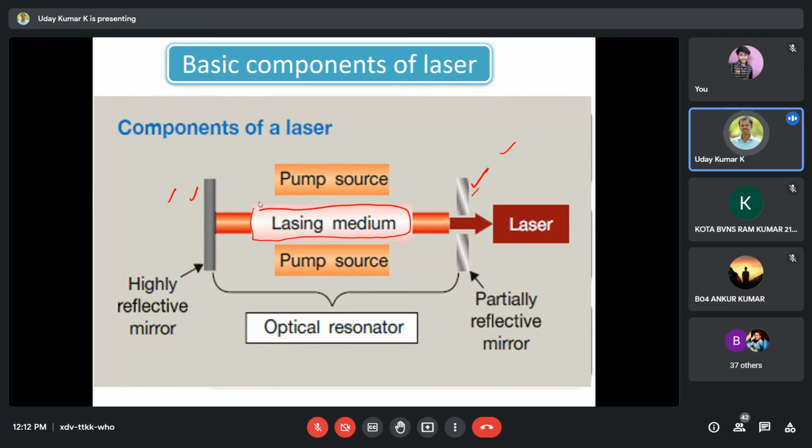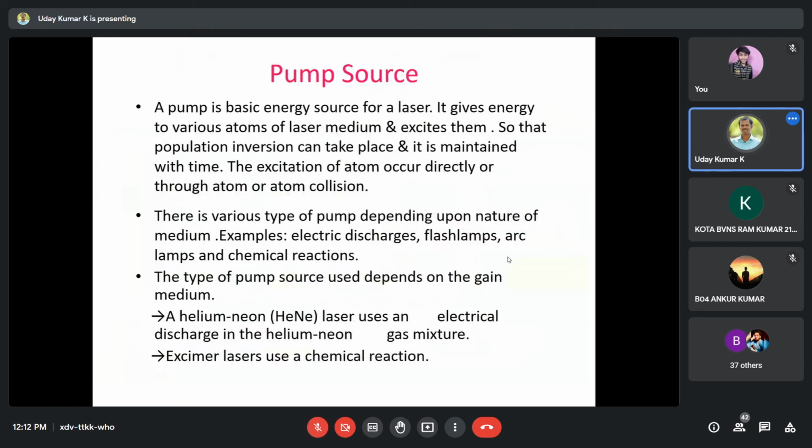Below that you use the pump source, let's say a xenon lamp or something. Once the photons are achieved here, they undergo multiple reflections here and here. Once it achieves the required intensity, it no longer stays here and comes out through the partially reflecting mirror. That's how you have the pictorial laser.